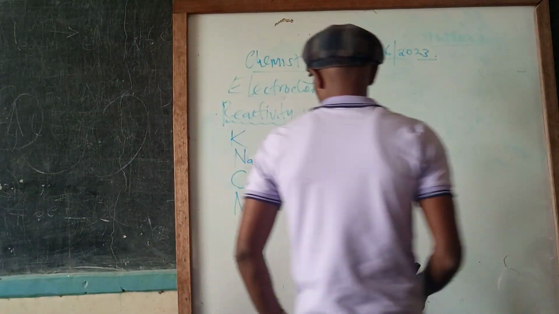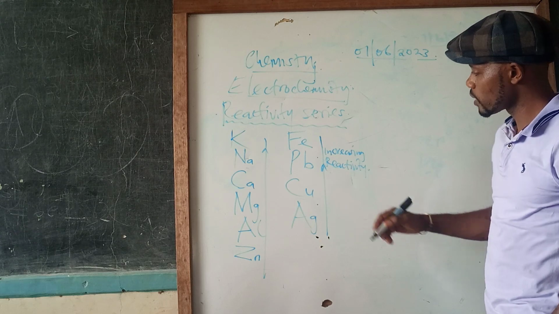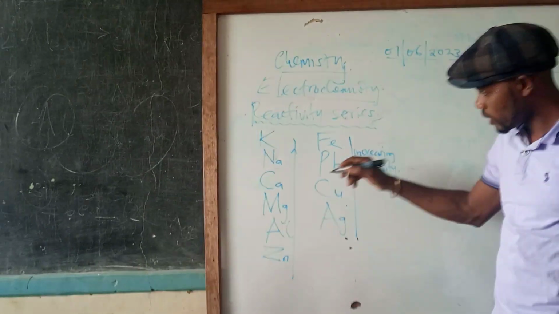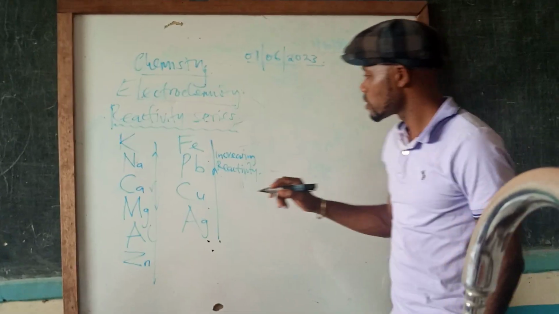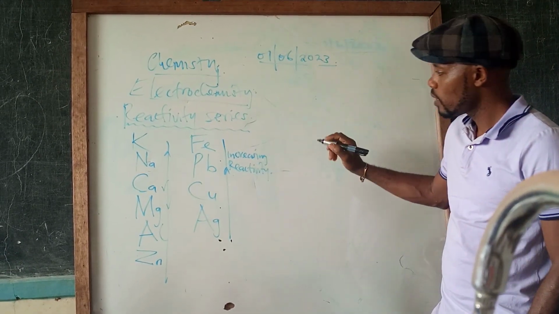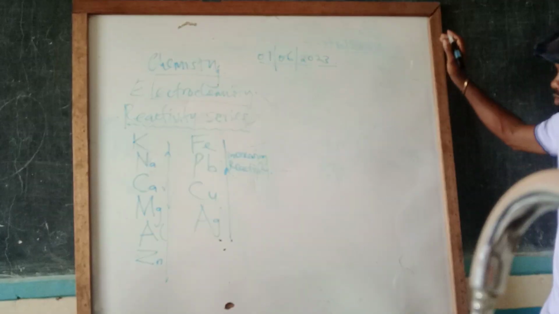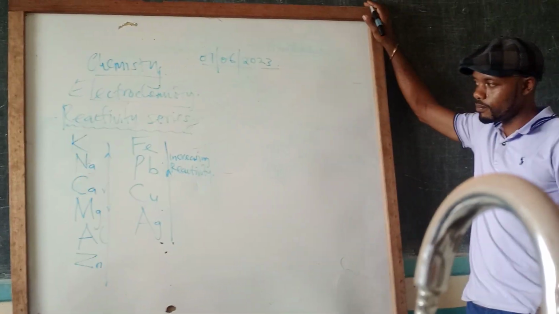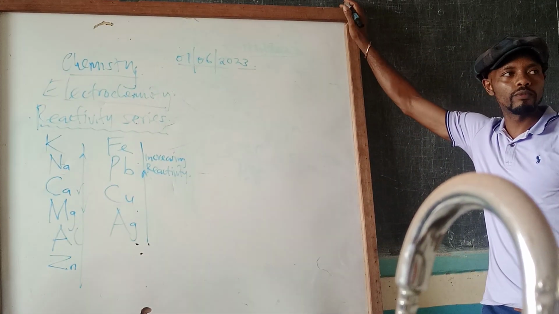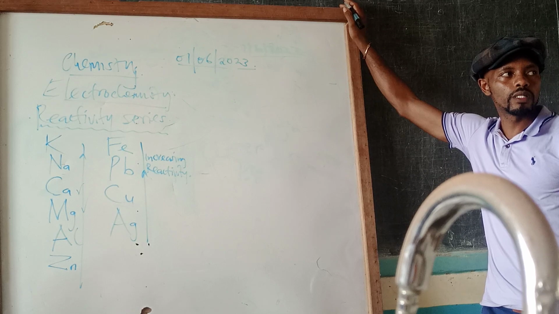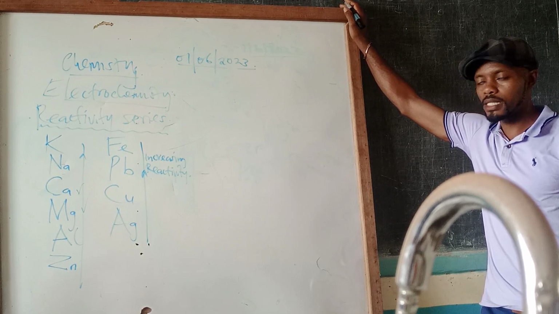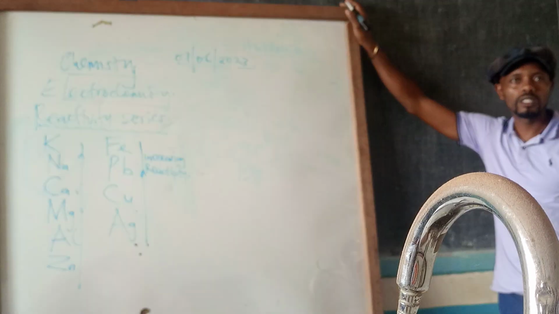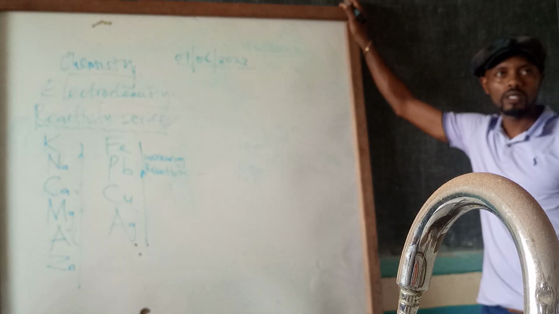So in summary, if we consider two metals like calcium and magnesium, I would like someone to tell us, will calcium displace magnesium from its solution?